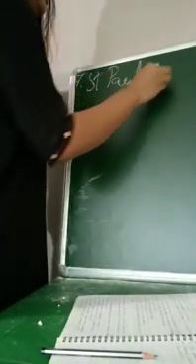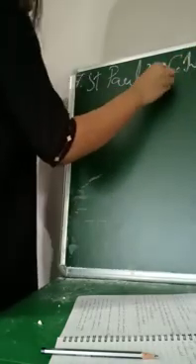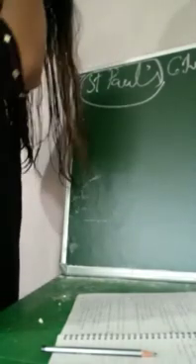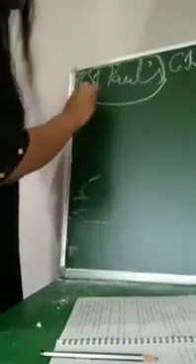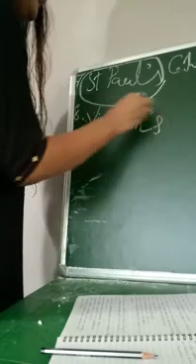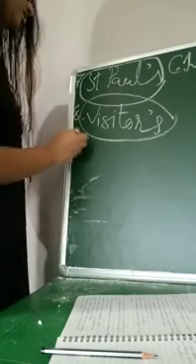Then we have number 7: St. Paul's Cathedral. There is an apostrophe s, so St. Paul's is a possessive noun. Number 8: The visitors' bags were. Here visitors has an apostrophe, so this is a possessive noun.